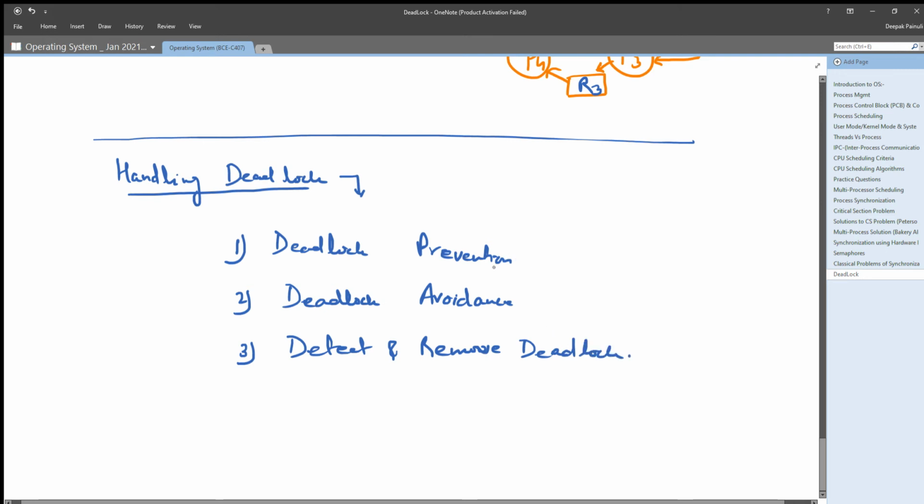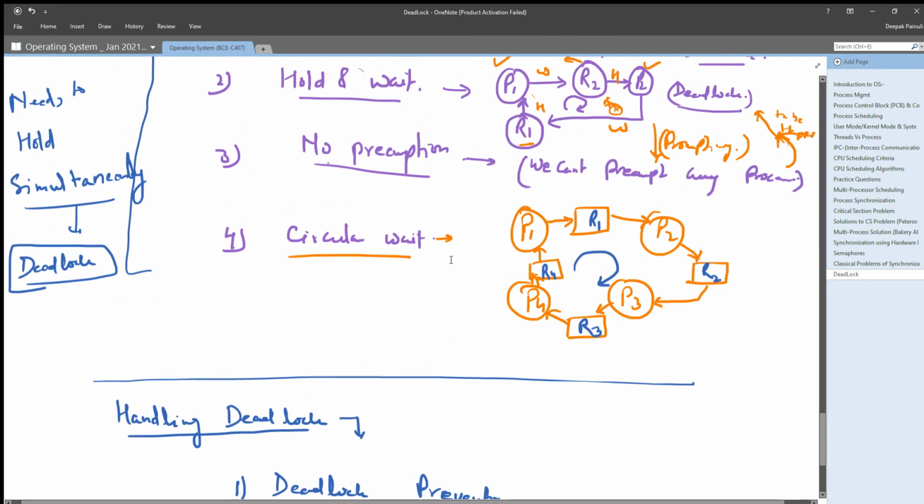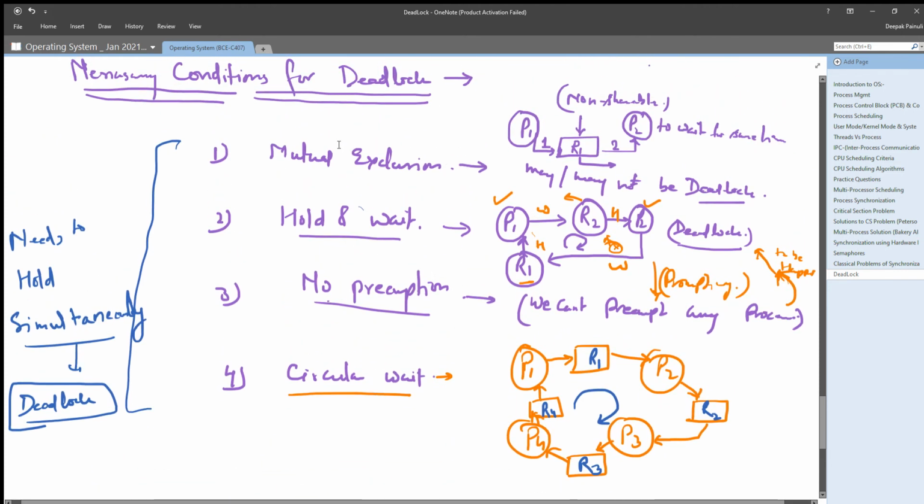Deadlock prevention means that we will try to prevent the deadlock from happening. So how can we prevent the deadlock? As we know, there are four necessary conditions that must hold simultaneously. If all these four conditions hold together, only then will deadlock be there.